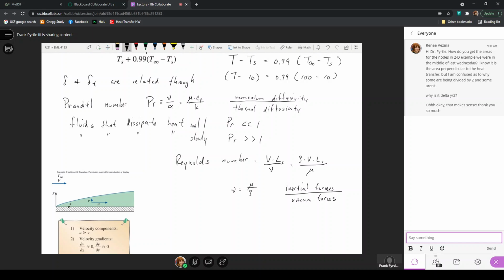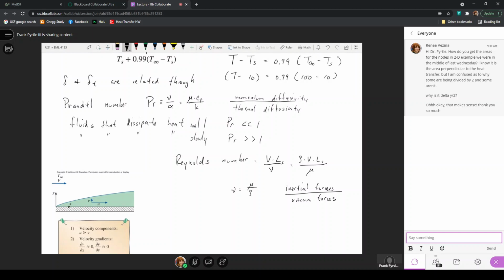And the correlations that we'll reference for those heat transfer coefficients will require that we calculate the Reynolds number in a specific way, so that we can express exactly what those quantities are for a given set of conditions.